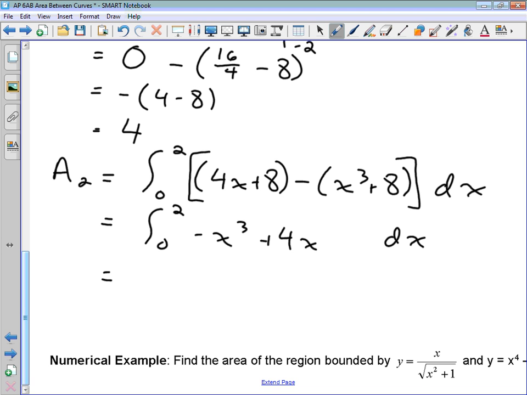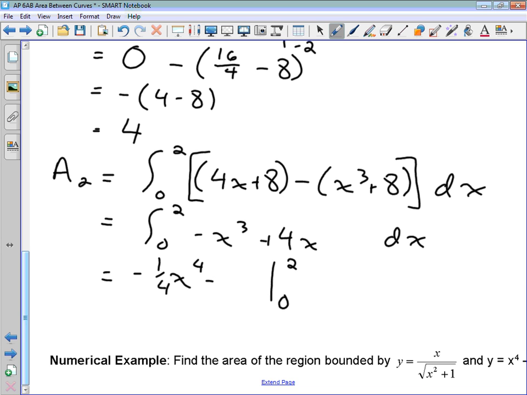It is going to be the integral from, hold on, what did I get here? 0 to 2 is negative, right? So negative, no, sorry.